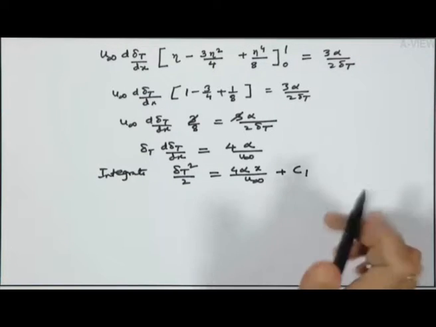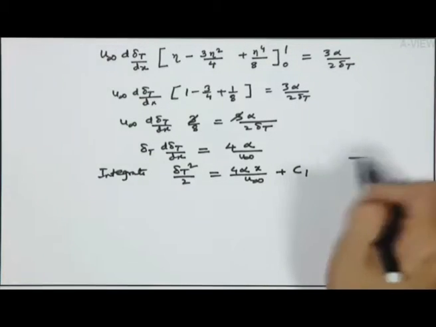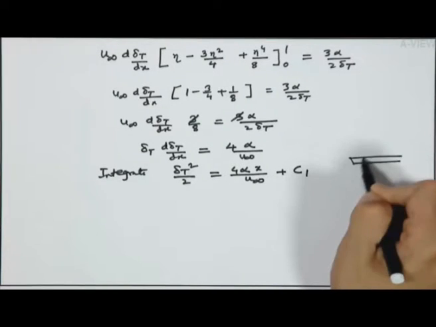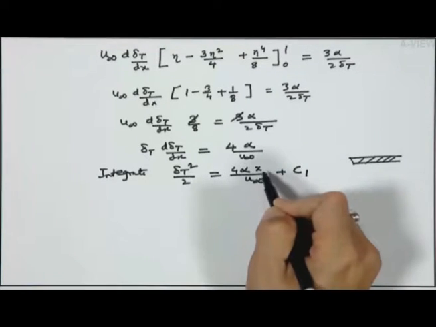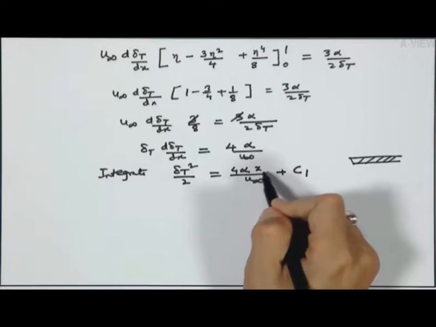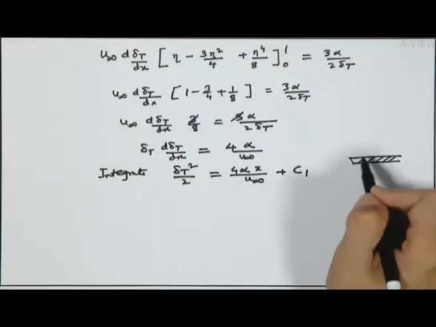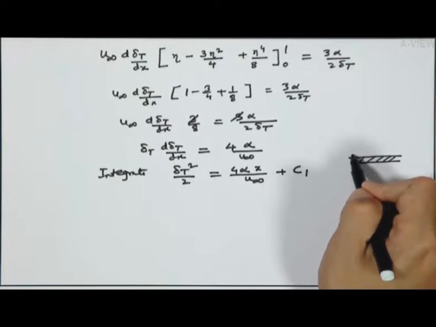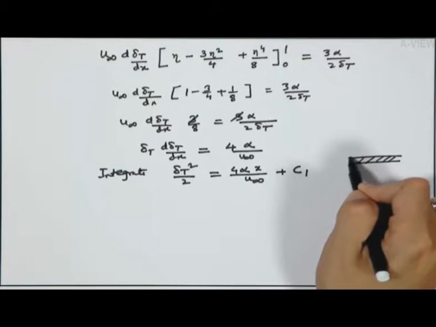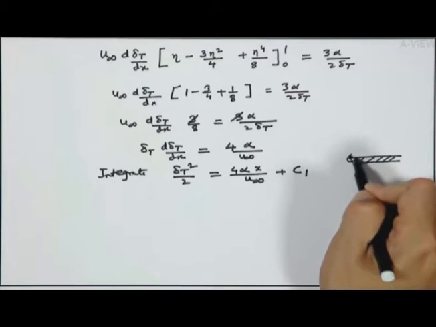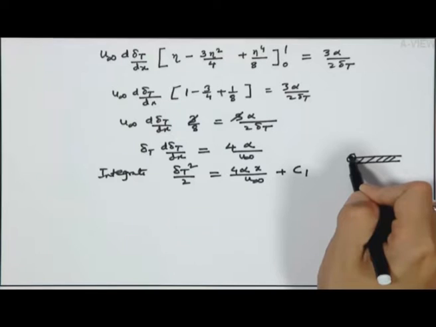Now, one very important concept is: what is the initial condition that you put here? So can you say that at x equal to 0, delta equal to 0? Actually if your heating starts from here, then the boundary layer will start developing a little bit away from here.